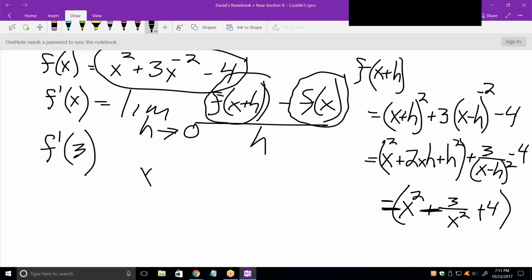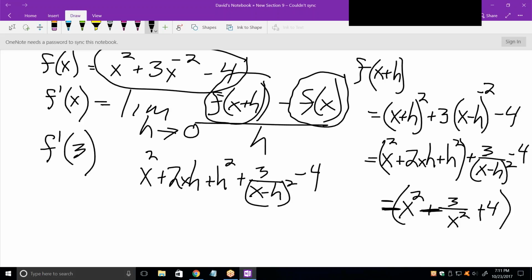I'm going to write it over here on the left. X squared plus 2xh plus h squared plus 3 over x plus h squared minus 4 minus x squared minus 3 over x squared plus 4.